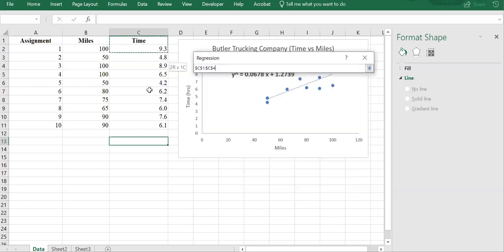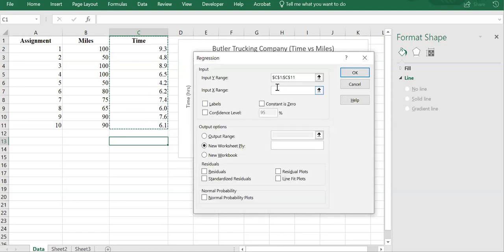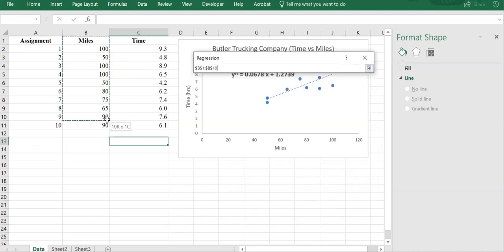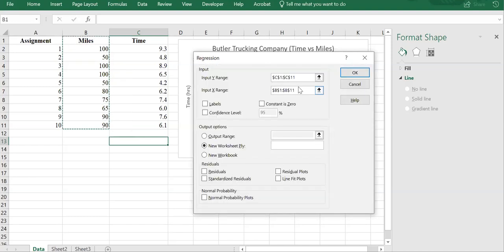Y range would be the dependent variable, the variable that you want to explain. That would always be one column. X can be one or multiple columns. In this case, this is a simple regression, so I'm just going to put miles.